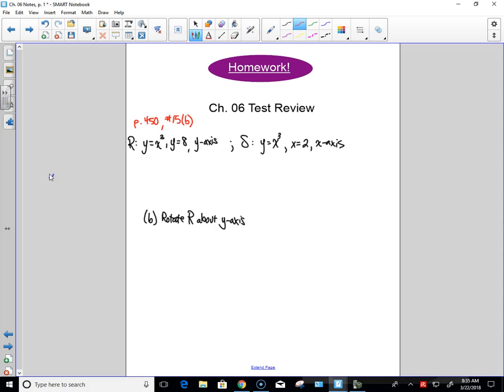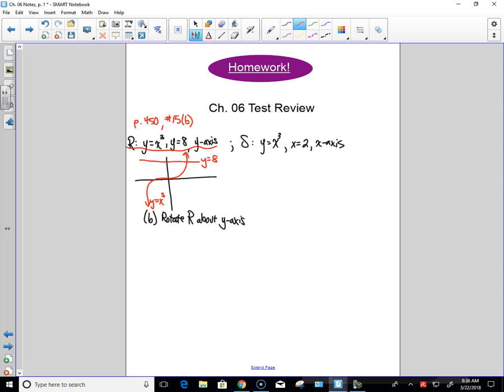Since it just says R, I'm going to ignore S because it's not involved in letter B. So just looking at R, that's an x cubed, right? Okay, just looking at R, I have x cubed. I have y equals 8, which would probably be a lot higher, but that's okay. Something like we have y equals 8. We have y equals x cubed.